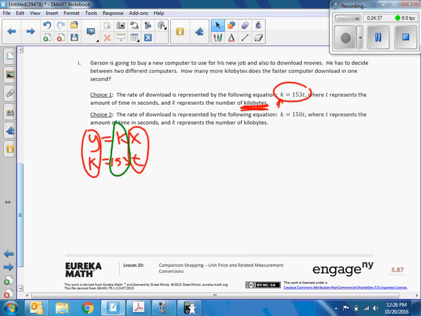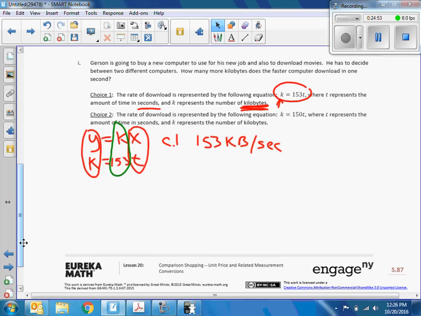That's our kilobytes per second. So choice 1, that computer is 153 kilobytes per second.